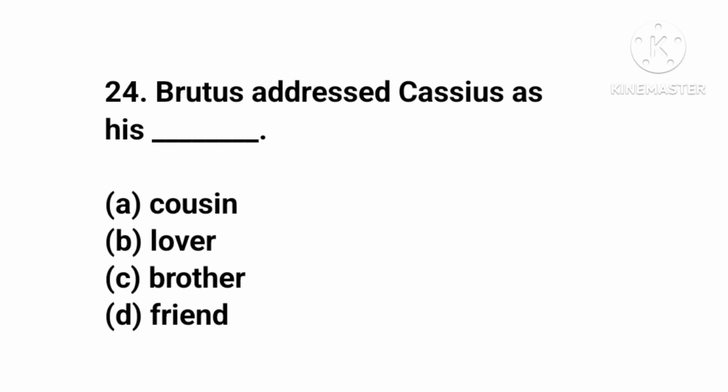Number 24. Brutus addressed Cassius as his dash. Option A, cousin. Option B, lover. Option C, brother. Or option D, friend.